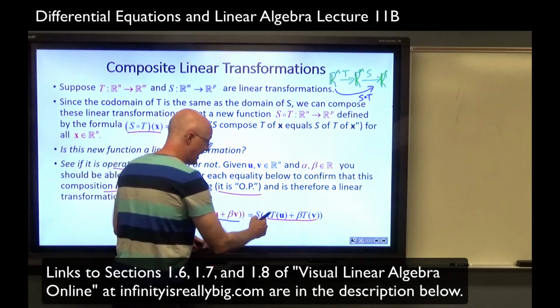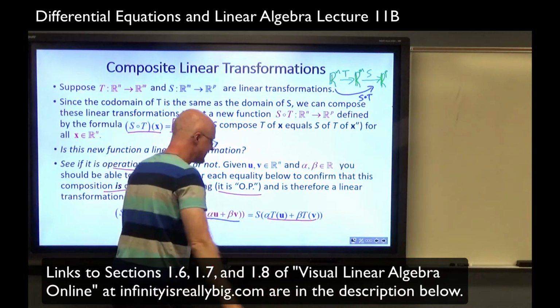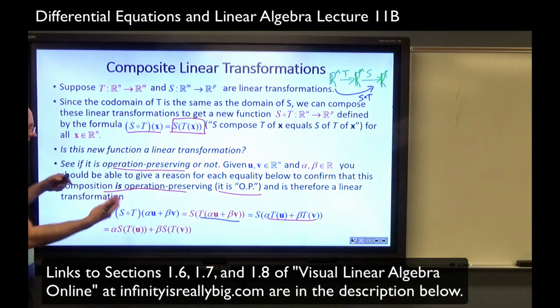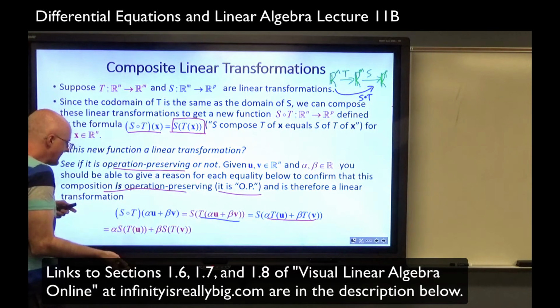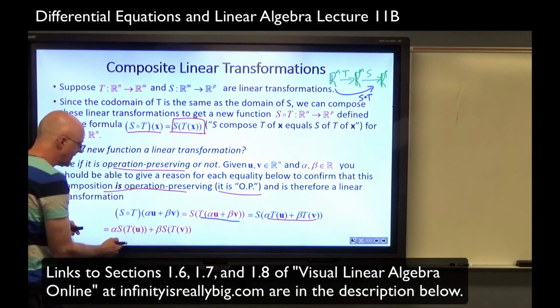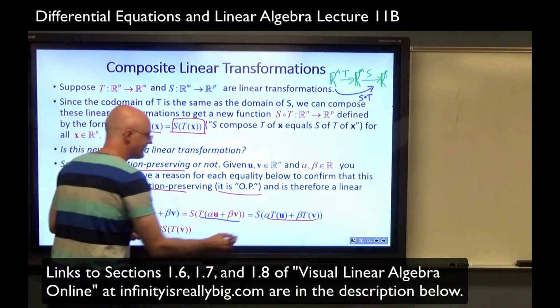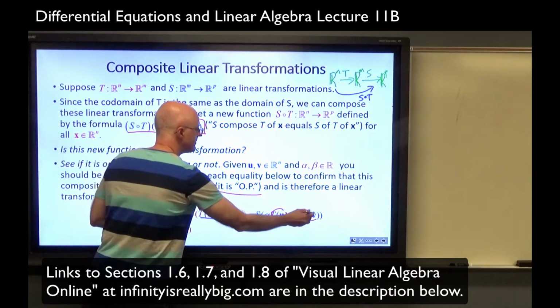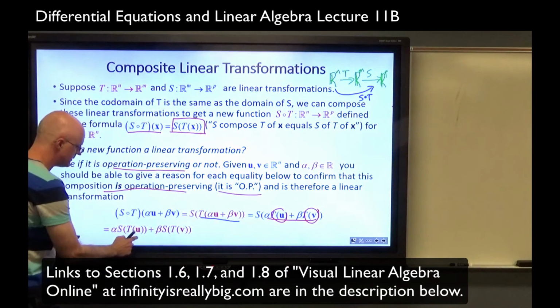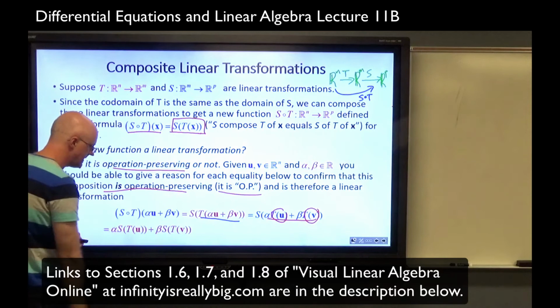But this is S of another linear combination. S is linear. We're assuming S and T are linear here. So I can once again factor out the alpha and beta. I can get the corresponding linear combination with the same weights alpha and beta of S of this vector and S of this vector: alpha S of T of u plus beta S of T of v.